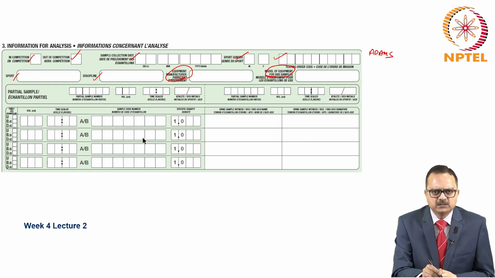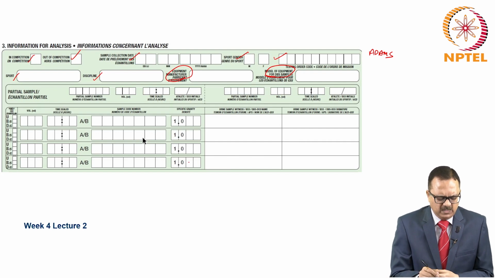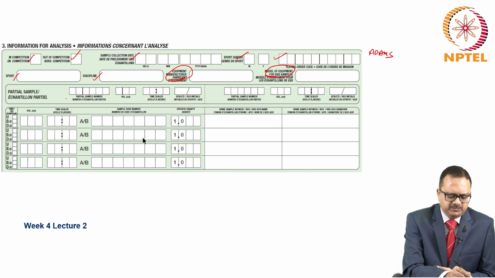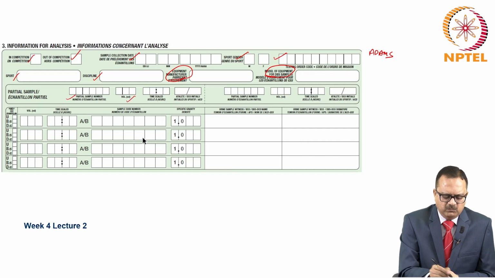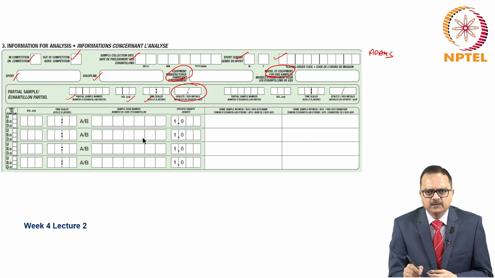You have to write about the equipment manufacturer of the dope control kit and the model of the equipment of the dope control kit. If a partial sample has been provided, you have to write the partial sample number, volume in ml, time of sealing, and the athlete or the DCO initials here in this column.